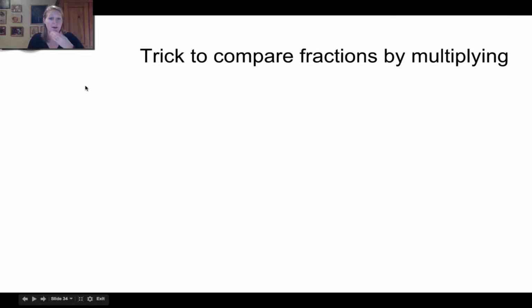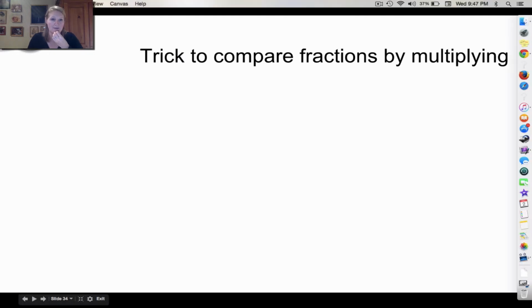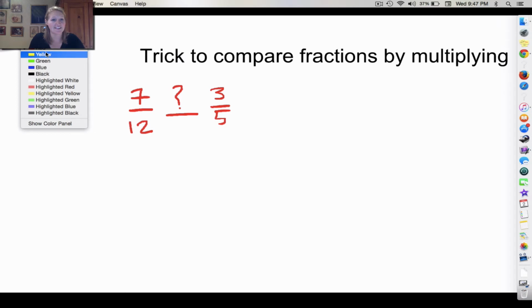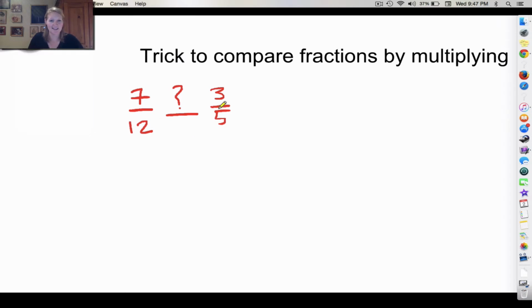Compare fractions by multiplying. This is pretty cool. So if you have two fractions and you're trying to figure out which one's bigger, and let's say you have 7/12, you don't know, and then you have 3/5, okay? There is a little trick that I'm going to let you in on.